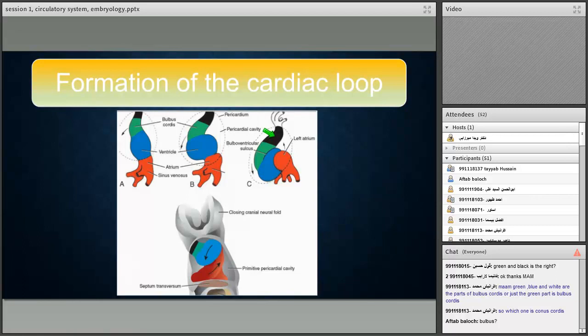It's like a cone. The black one is the conus cordis, the mid portion of the bulbus cordis, and is forming the outflow tracts of both ventricles, right and left ventricle.